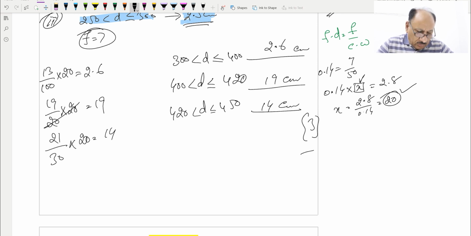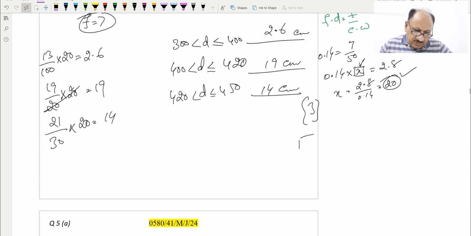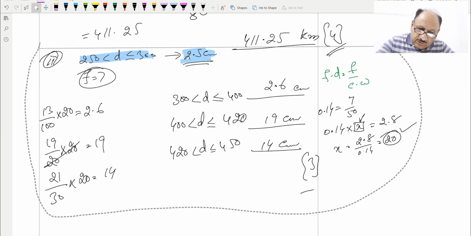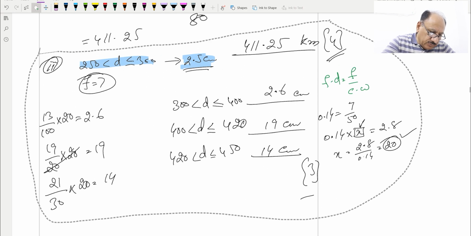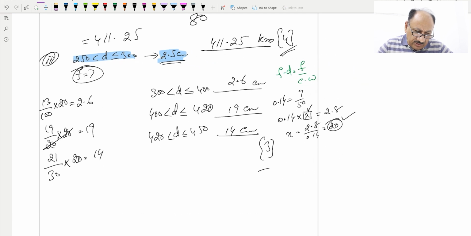Hopefully you understood this. Now for the fourth part, I have to squeeze this a little, so we can reduce the size like this and we'll get space for the fourth part.